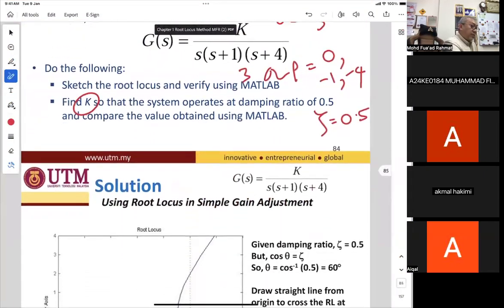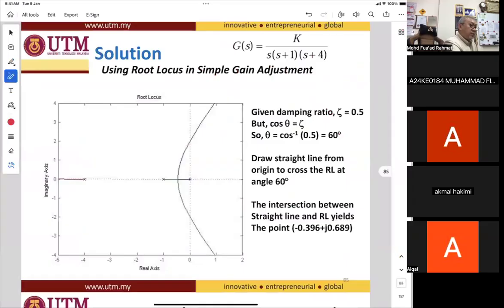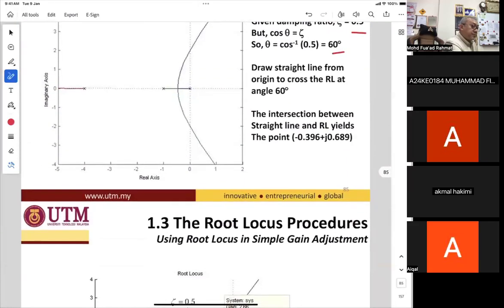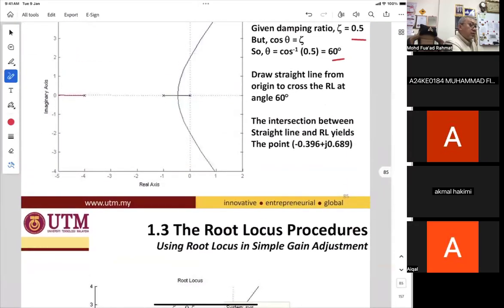Right, so this is it. Cos theta equal to zeta, so theta is inverse cos zeta, inverse cos 0.5, 60 degrees. Then draw the line. The intersections between the straight line of zeta and root locus yield the dominant poles.